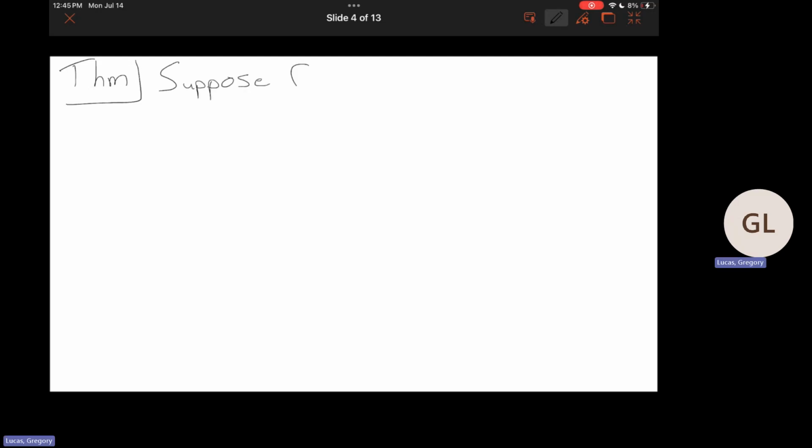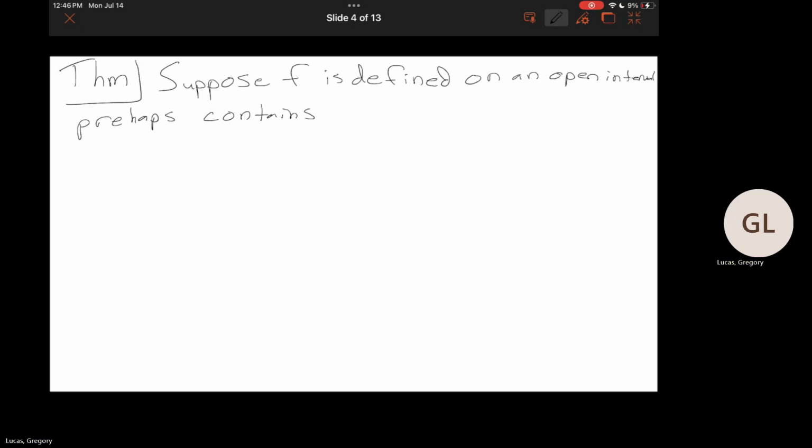Suppose f is a function and is defined on an open interval, and perhaps this open interval contains a point C. It doesn't need to have this point C, but it could have this point C.